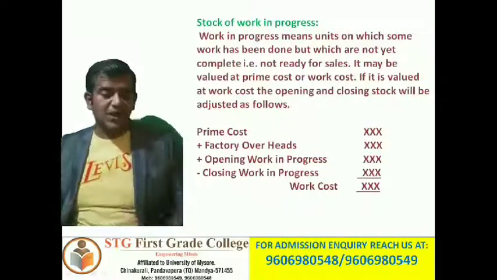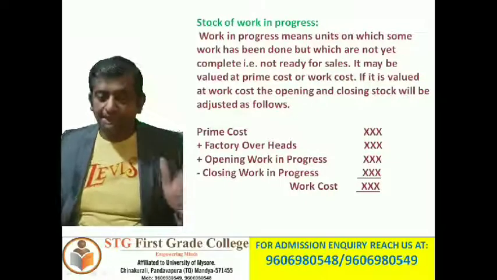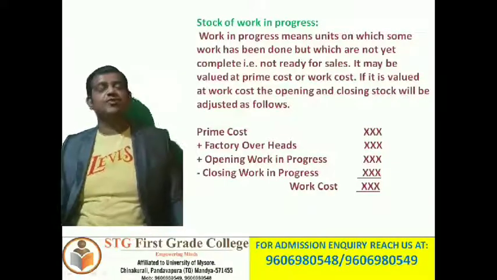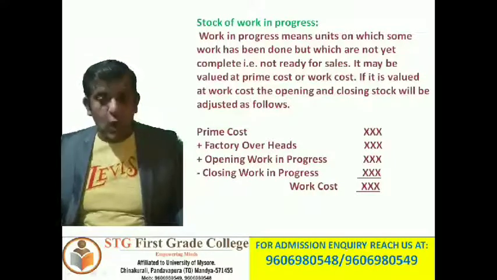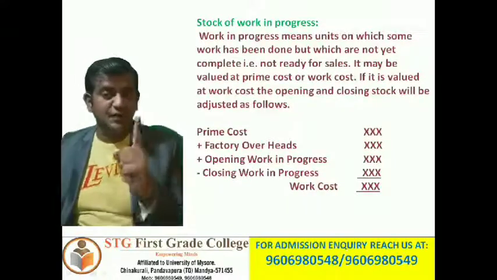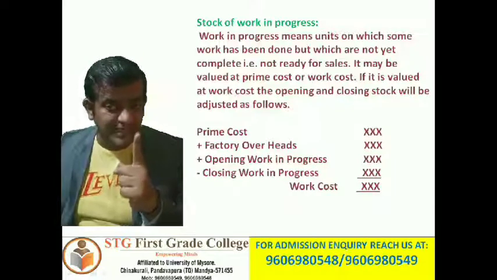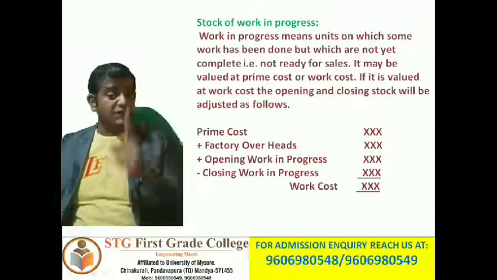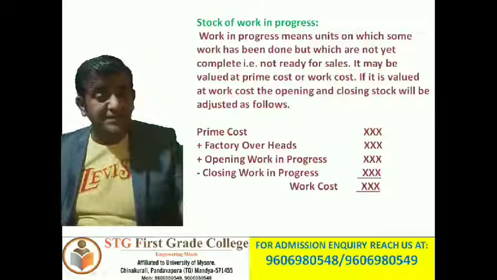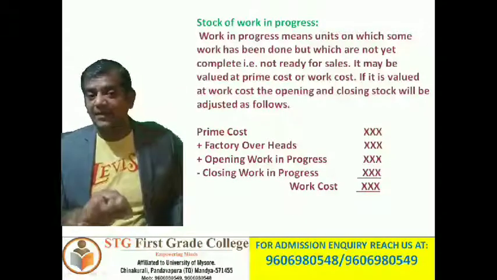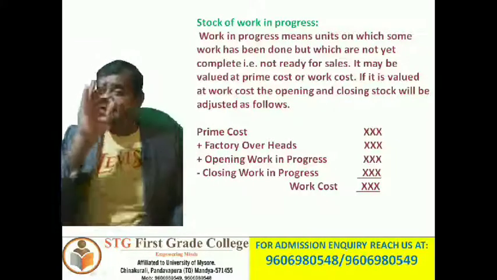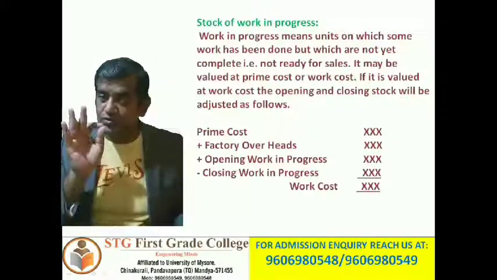So prime cost, we know, PC plus factory overheads. After PC plus factory overheads, we get plus opening work in progress. Try to understand where we are going to enter this work in progress: after adding the factory overheads, because inside the factory the production will happen. Getting my point? Inside the factory the production process will happen.